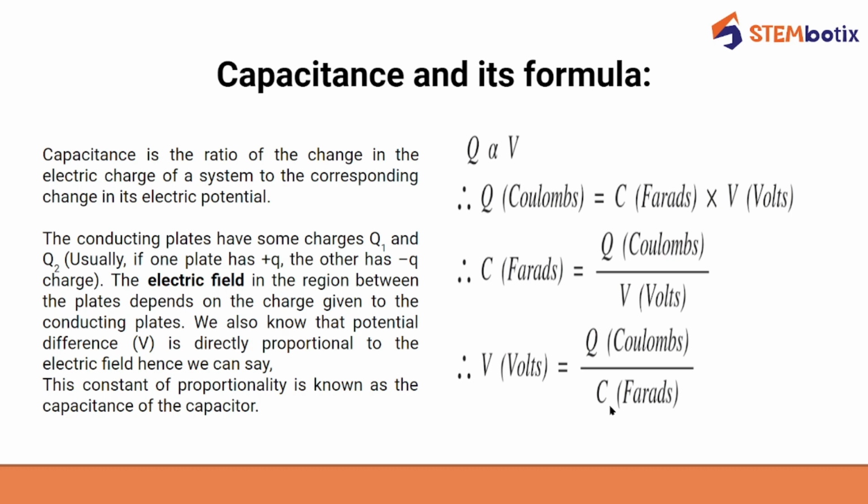Hence, we can say that this constant of proportionality is known as the capacitance of the capacitor. So the voltage V is always proportional to the electric field, and here the electric field is due to the electric charge. Hence V is proportional to Q, where the proportionality constant is in farad, which is the capacitance C.